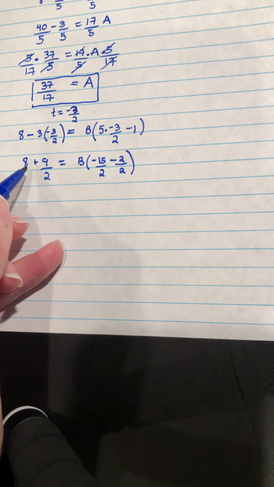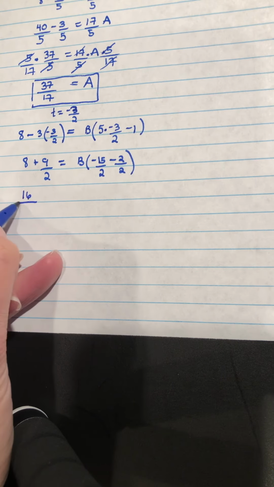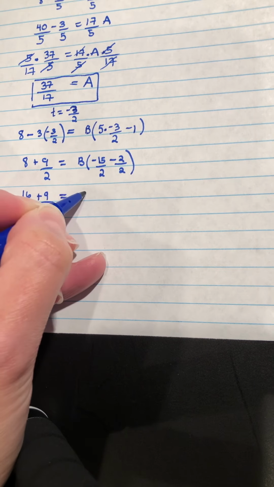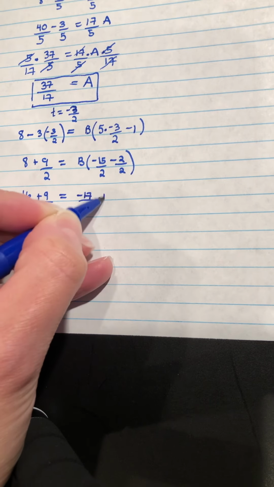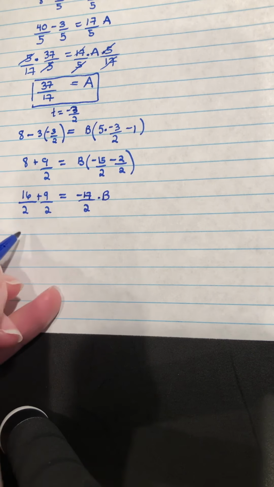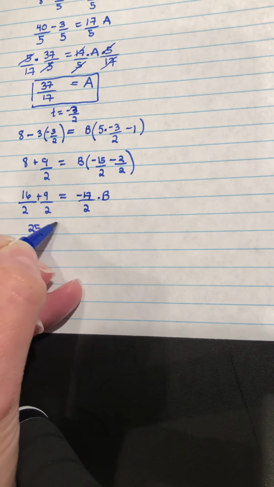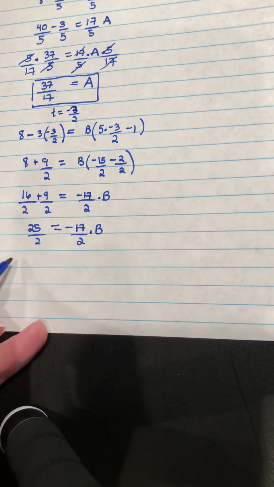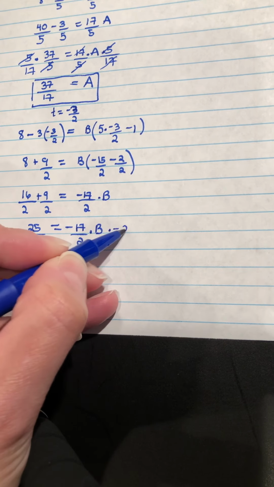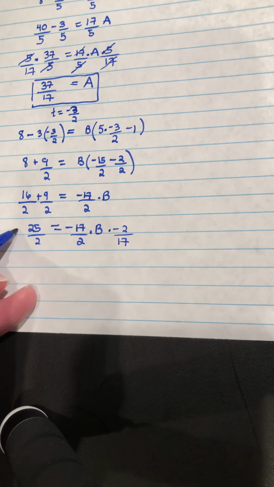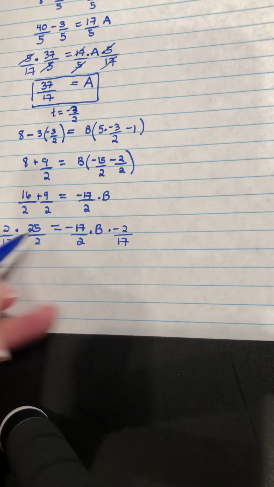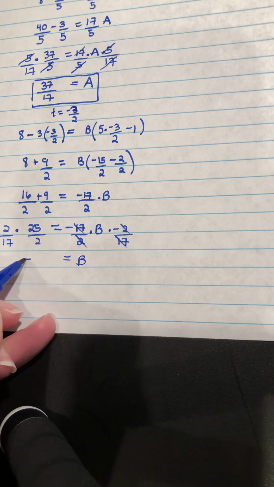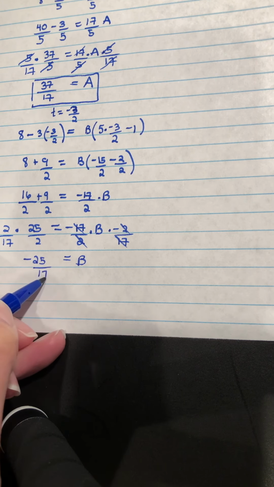Instead of the 8, I'm going to call that 16 over 2 plus 9 over 2 equals negative 17 over 2 times B. Adding these together gives me 25 over 2 equals negative 17 over 2 times B. To get B by itself, I'm going to multiply by negative 2 over 17. Cross simplifying gets me B equals negative 25 over 17.